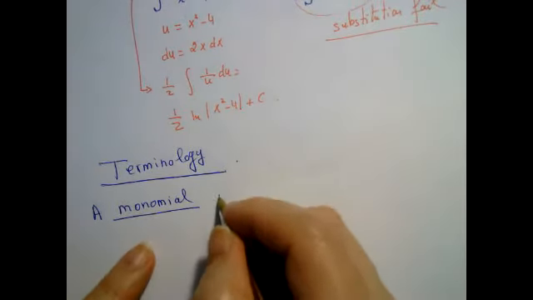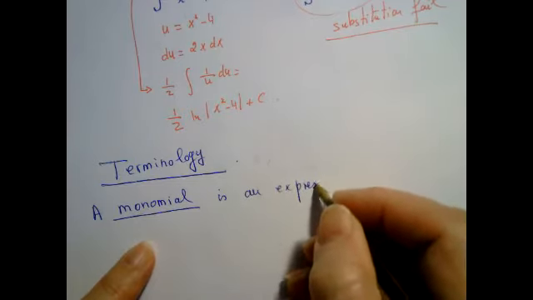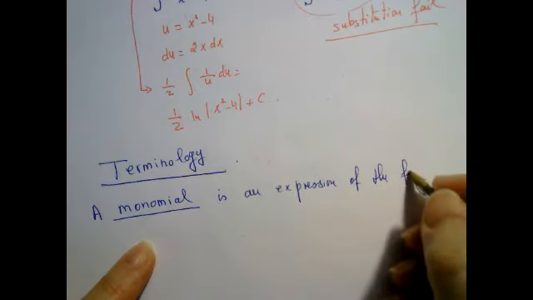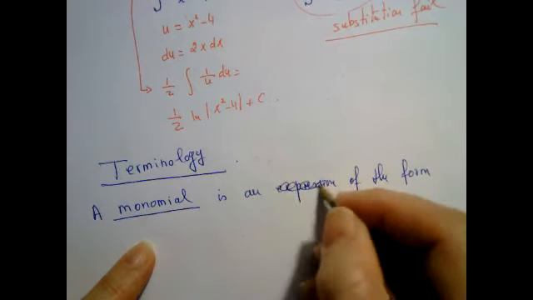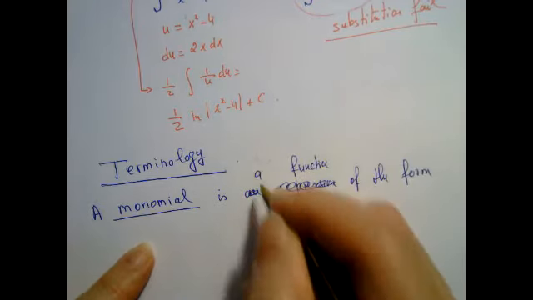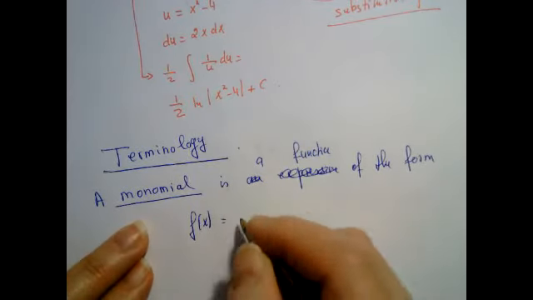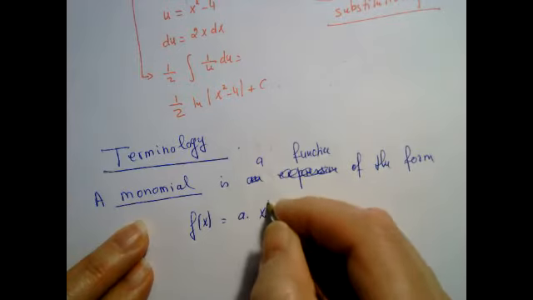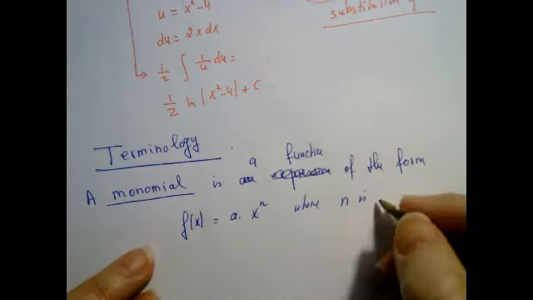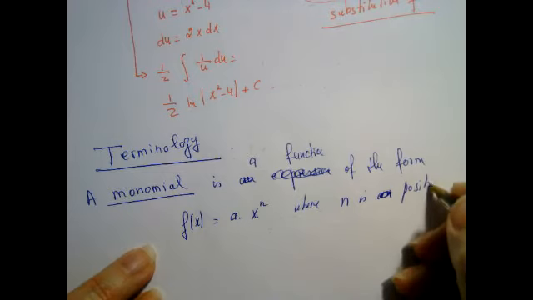A monomial is a function of the form f of x equal a certain constant a times x to the power n, where n is a positive integer, and that's important.